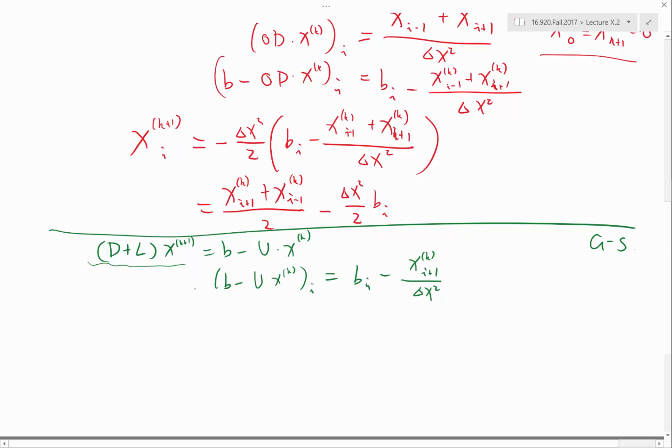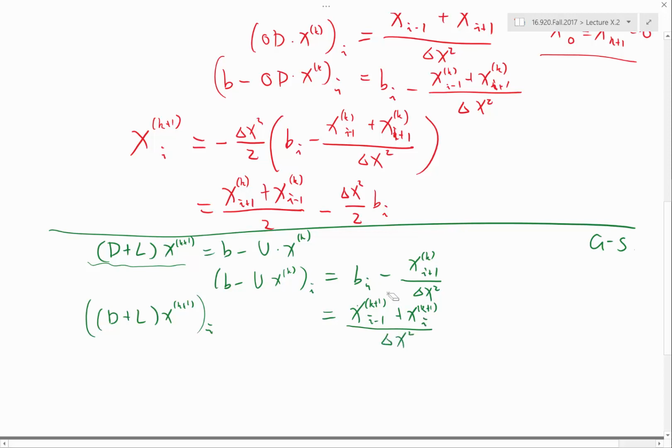And writing it out, basically D plus L xk plus 1 at the ith index is equal to, now the D part is just the diagonal, L part is my left neighbor. So that is simply my xk plus 1 at I minus 1 plus xk plus 1 at I over delta x squared.